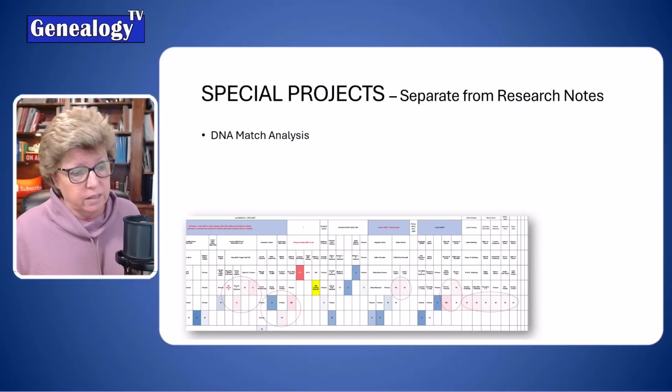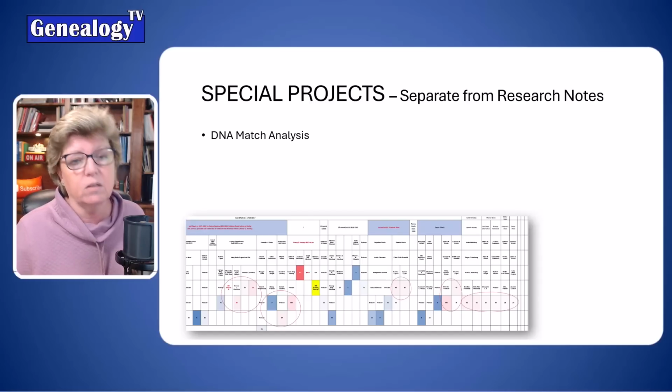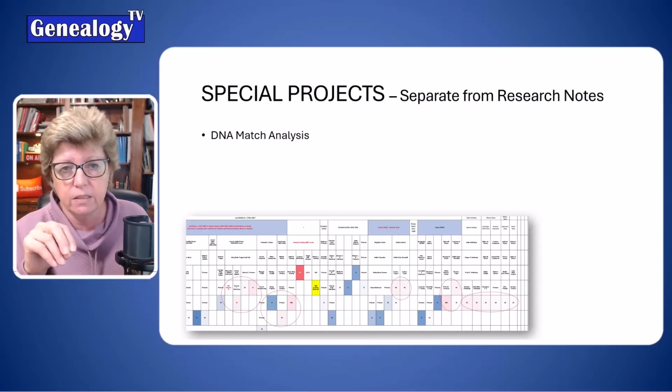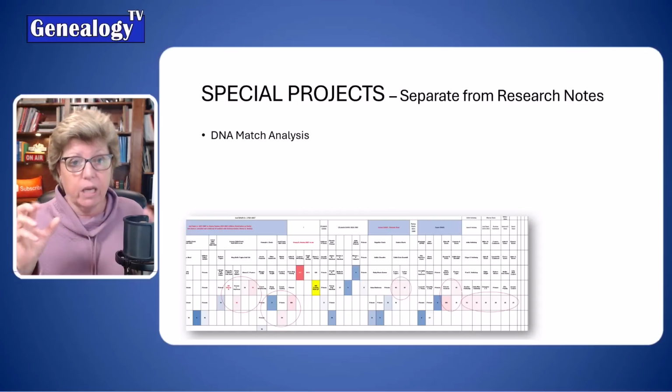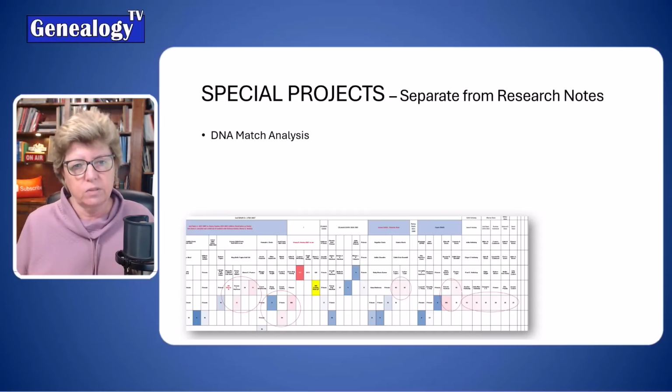So in this example, and I know you can't see it, don't worry about it, all of these colored boxes toward the bottom are DNA cousins with their centimorgan amounts in them as they relate to me. And I was trying to solve a problem to figure out who the father of my great-grandfather was, using DNA to see if I could find what I called hot zones. And so the circles are hot zones.